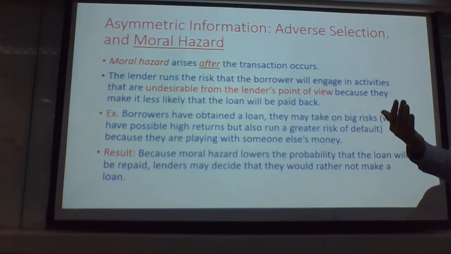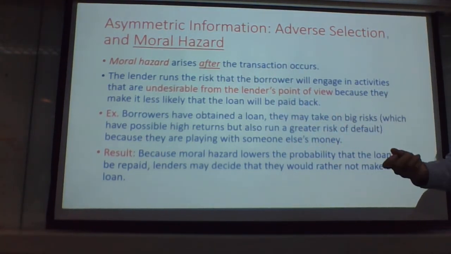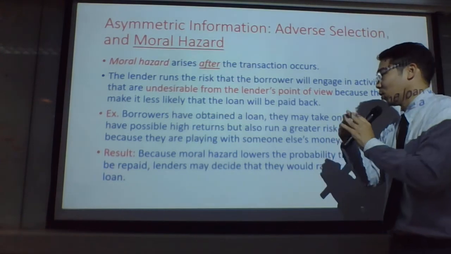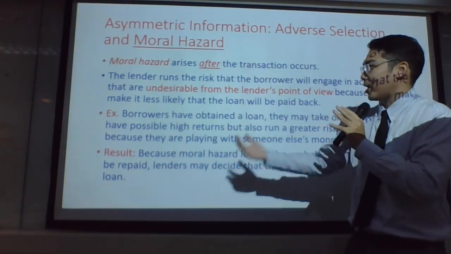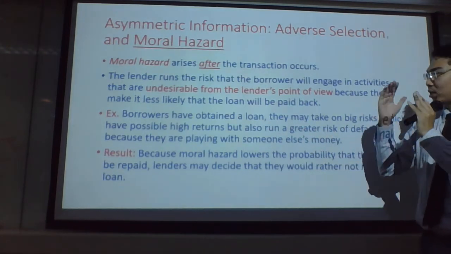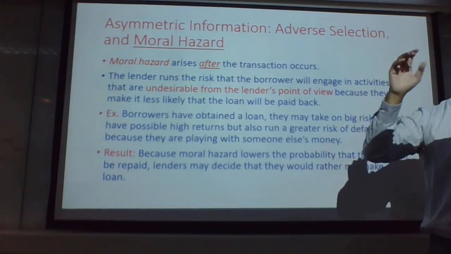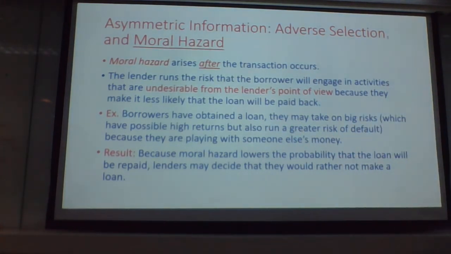You may see that they change behavior after you become a couple. We call this situation moral hazard. People tend to deviate from the desirable behavior into the undesirable behavior.